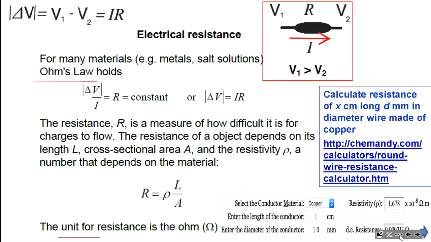So this is a picture you should remember. This is what we call a passive element. It could have been a bulb, a heat plate, a projector, anything which has a resistance. An electric current through that passive element always travels from a higher potential toward a lower potential.